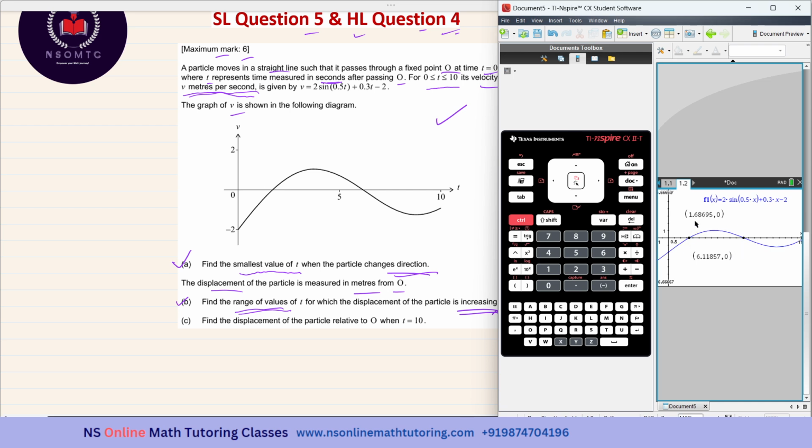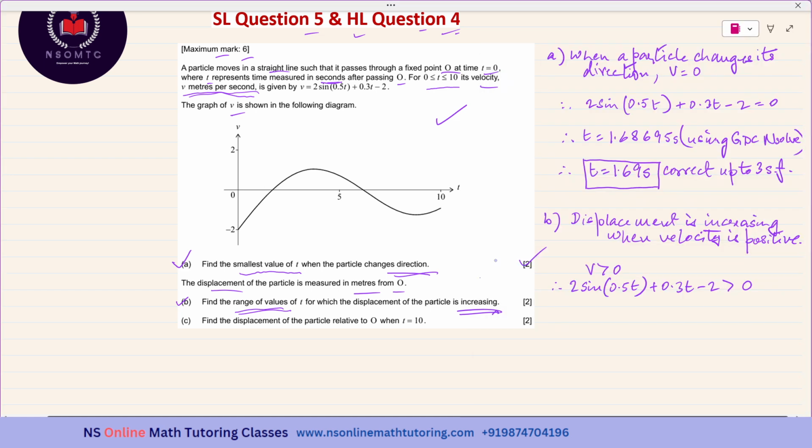So we have to write using GDC graphs. It is also containing 2 marks. So we have first of all given the inequality and then we are writing using GDC graphs.